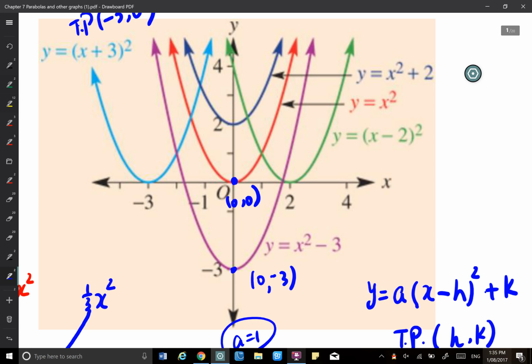So therefore, what we can see is, in the bracket, if we add something, we say moving to the left for that many units. If we subtract something, we say moving to the right for that many units. If after the x squared we plus something, it's moving up. If we subtract something, it's moving down.